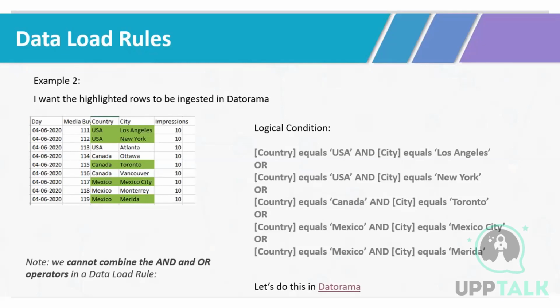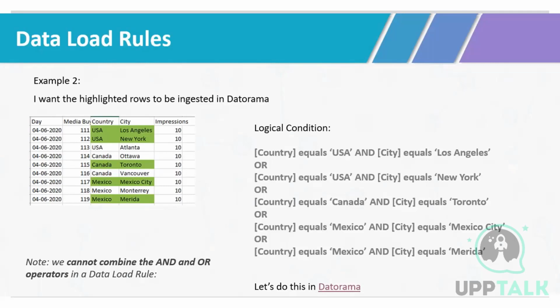So one thought is, why not create multiple data load rules when we want multiple conditions to be met? Let's create one for US, which says country equals US and city equals Los Angeles, or city equals New York, or country equals Mexico and city equals Merida, or country equals Canada and city equals Toronto.